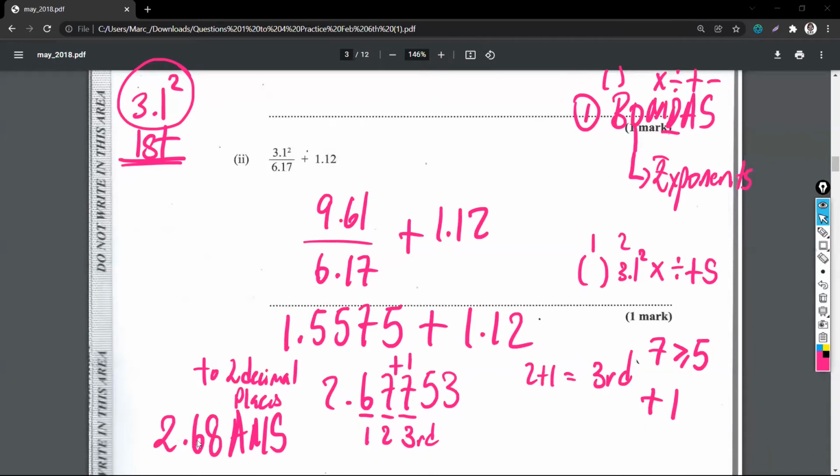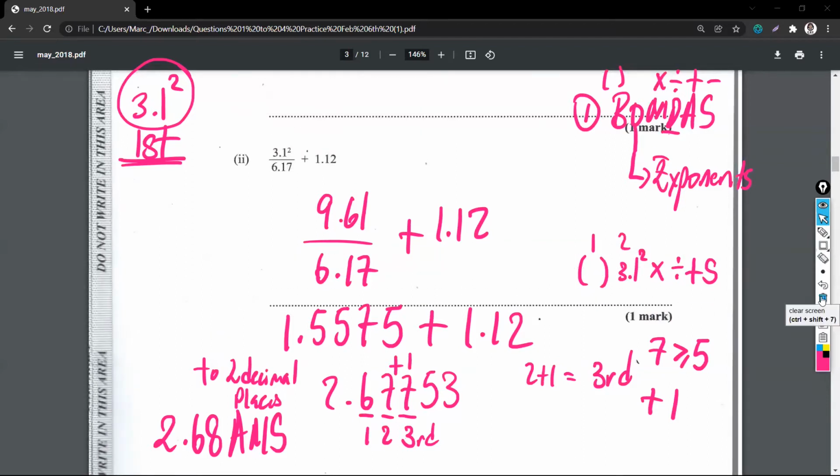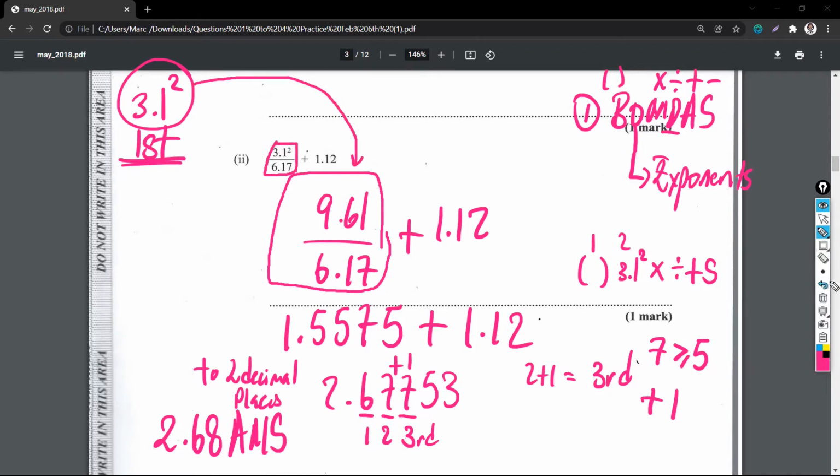You really should get 2.68. And you can try it another time, after class. All right, sir. But you probably made a mistake here. It's probably here you made the mistake, more than likely, over here with the 3.1 squared. So you might need to do this part again. So take a look again, all right?